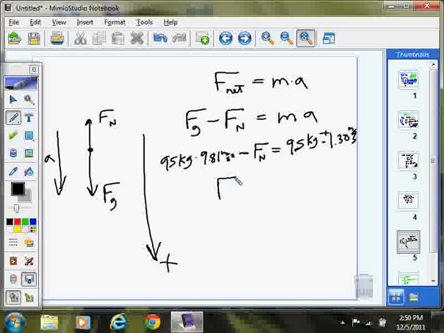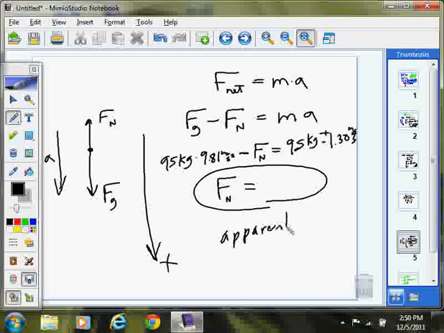And then you solve for Fn. And again, that's your apparent weight. So you'd be, oh my goodness, apparently I weigh 808 newtons instead of 950 or whatever for before. That's your apparent weight.